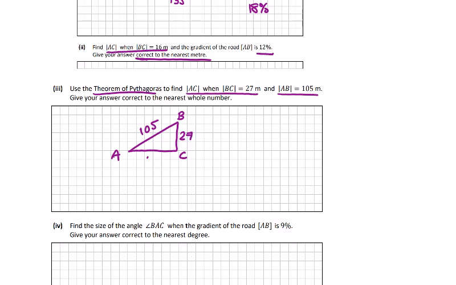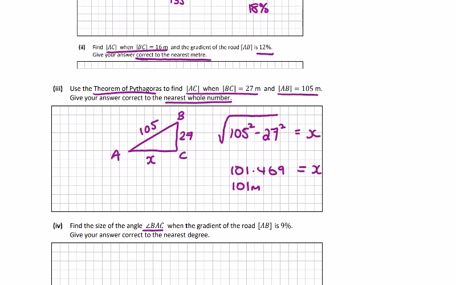We're asked to find AC, so we call this one X. If you know your theorem of Pythagoras, when we're looking for one of the straight sides, it's the diagonal squared minus the straight side squared, which gives the other straight side. That's giving me 101.469 to the nearest whole number, 101, and that will be in meters.